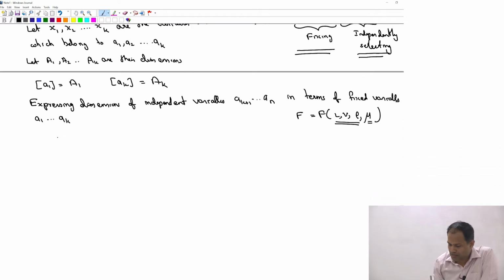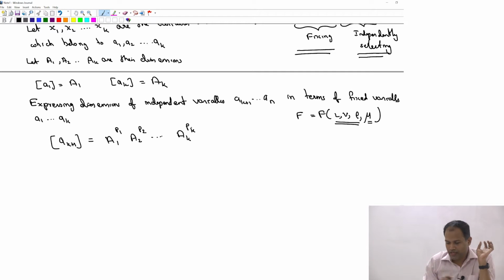So that means the dimension of a(k+1) can be written in terms of the dimensions of the first k variables. Let's say A1 is the dimension of small a1, which will be raised to some arbitrary power, let's say P1, A2 to the power P2 and so on, Ak to the power Pk.